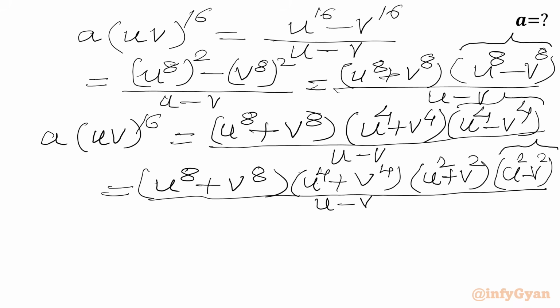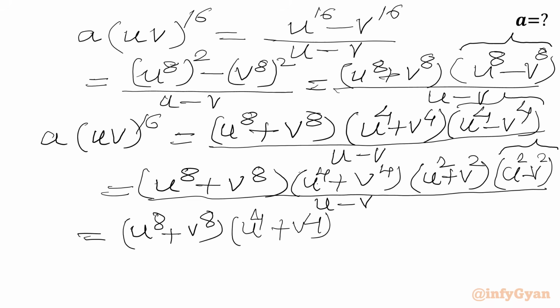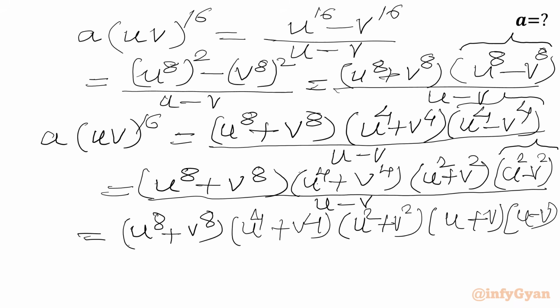Again, the difference of two squares formula will apply here, and we will write (u⁸ + v⁸)(u⁴ + v⁴)(u² + v²)(u + v)(u − v), and in the denominator we have u − v. So we can cancel u − v from numerator and denominator.